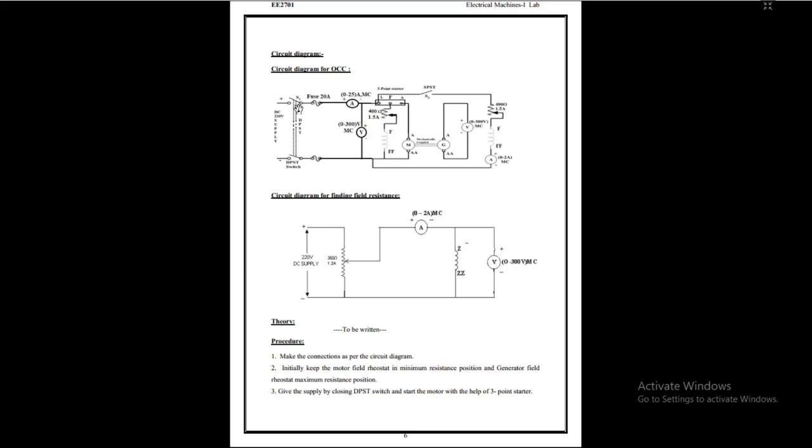If you observe very clearly, when you start the experiment, this switch will be open, and the motor will rotate. The generator will also rotate, the reason being the coupling. Generally the field rheostat is kept at the minimum point.